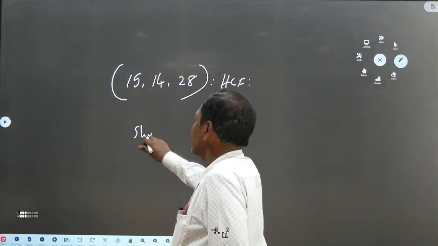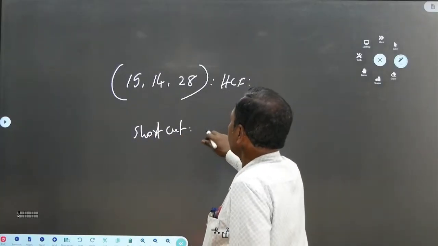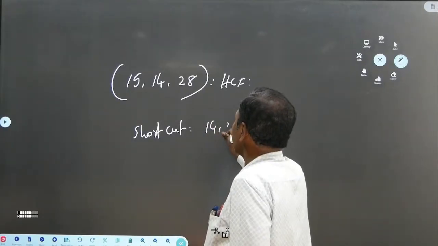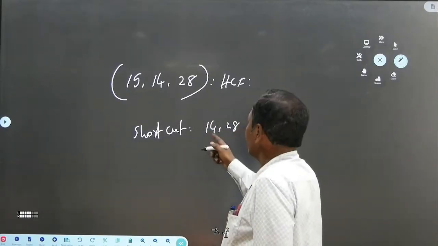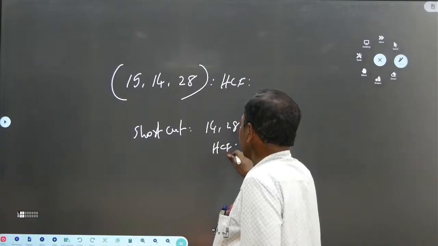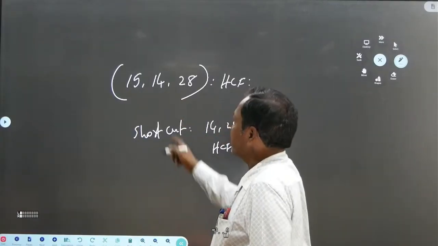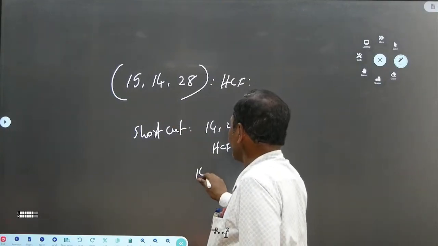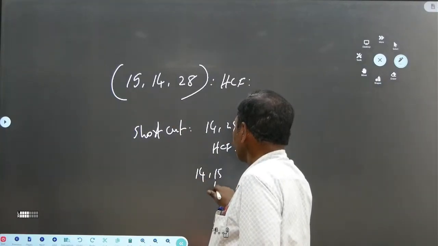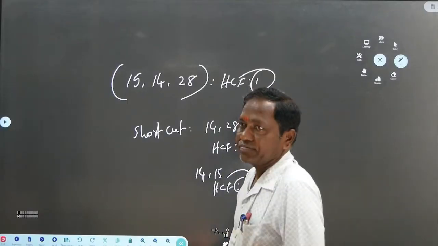If you apply the shortcut trick, what happens now? 14 and 28 are multiples, so the HCF is 14. Even if you take 14 and 15, the HCF is 1.